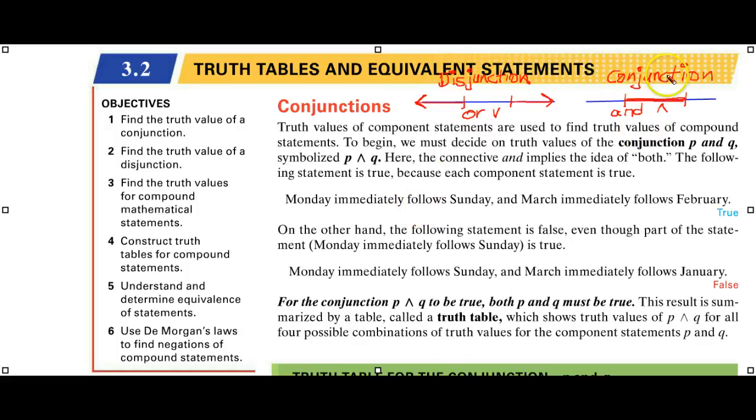Now for the conjunction, this is an AND statement, and the symbol for AND is the caret. So again, conjunction, the caret, the AND as the connector; disjunction, an inverted caret, a V in a sense, and the word as a connector, OR.